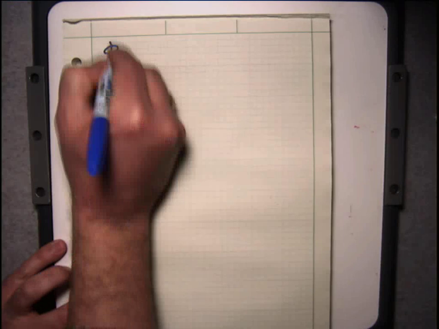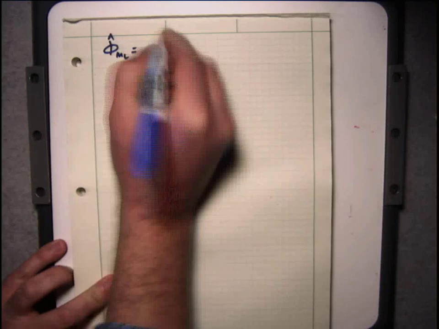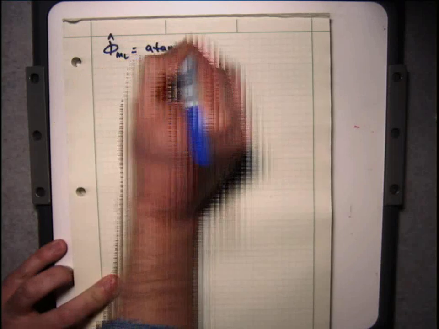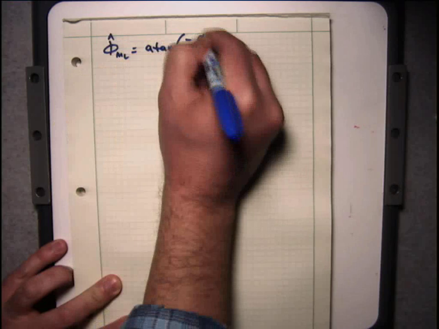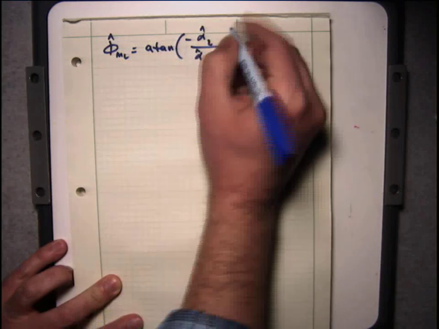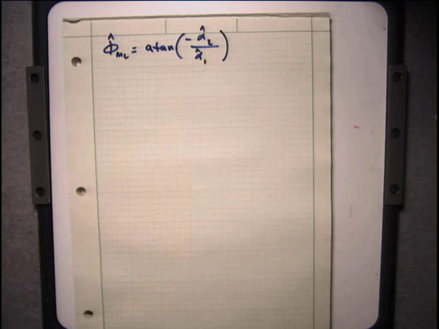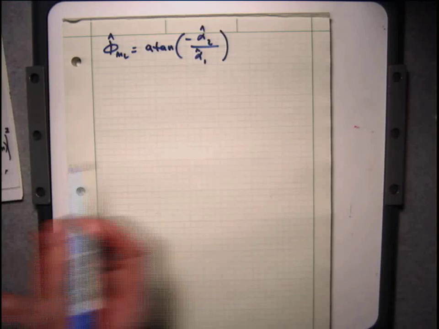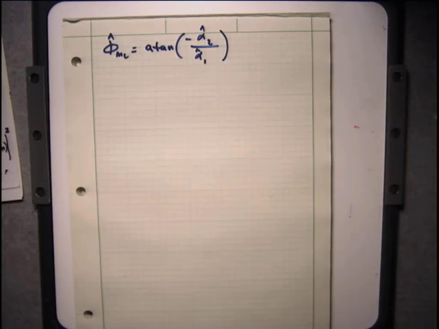As far as the phase is concerned, the unknown phase is the arc tangent of minus alpha 2 hat divided by alpha 1 hat. Okay? And now we can take these numbers and plug them into the GLRT expression and see what we get.